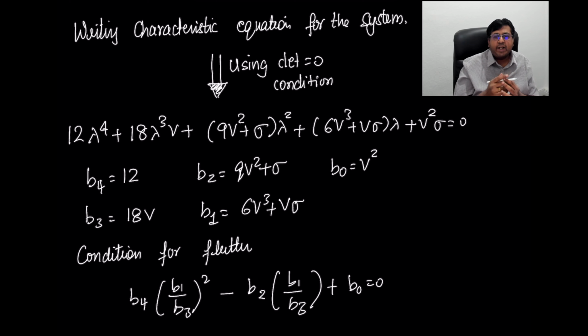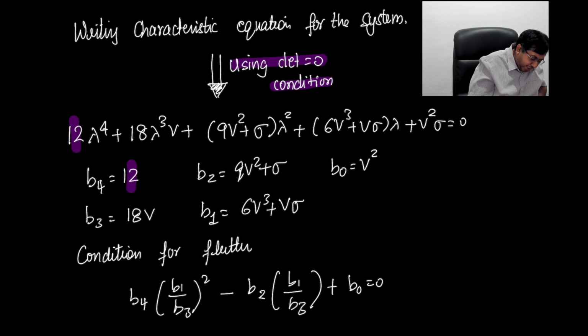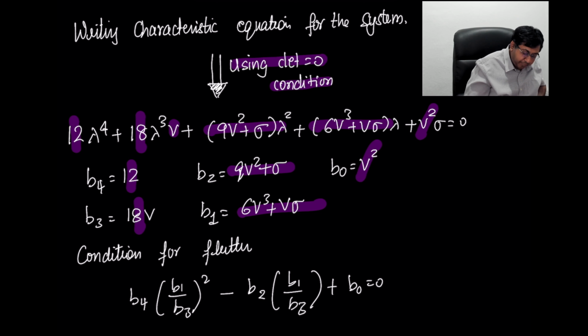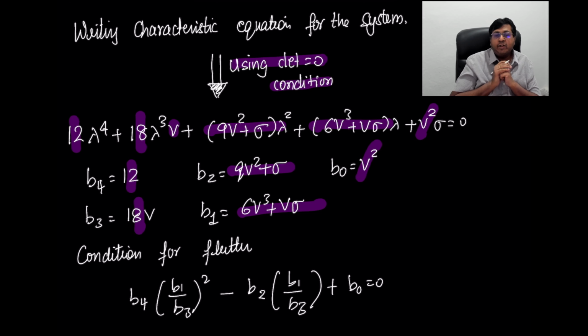If I write the characteristic equation, I can take the determinant equal to 0 condition. That would give me the characteristic equation. From it, I can determine each of the coefficients B4, B3, B2, B1, and B0 for the system, and then we can substitute them into the condition of flutter that we derived in the previous section.